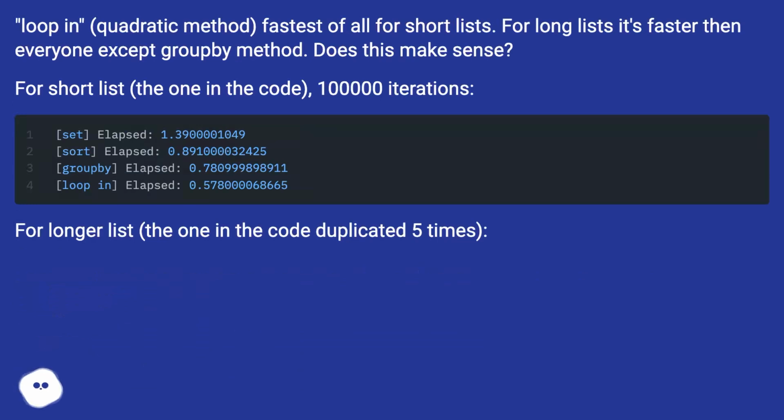For long lists, it's faster than everyone except the group B method. Does this make sense? For the short list, the one in the code, 100,000 iterations. For the longer list, the one in the code duplicated 5 times.